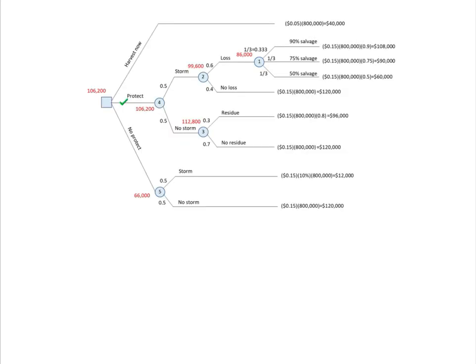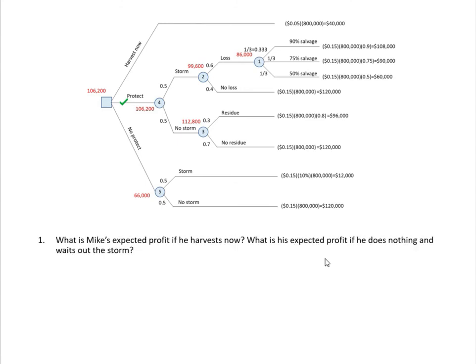Now that we have analyzed the tree, we can answer the case questions. The first question asks, what is Mike's expected profit if he harvests now? What is his expected profit if he does nothing and waits out the storm? Okay, so if he harvests now, that means he chooses this one, then we find that his profit would be $40,000.